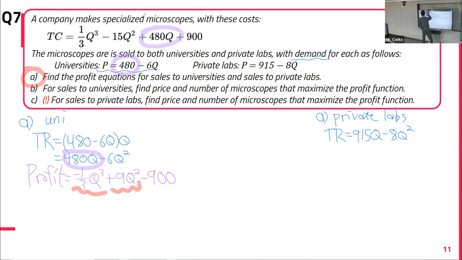And then for that one, what will our profit equation be? Negative 1/3 Q cubed plus 7Q squared plus 435Q minus 900. Okay, so there are those two.